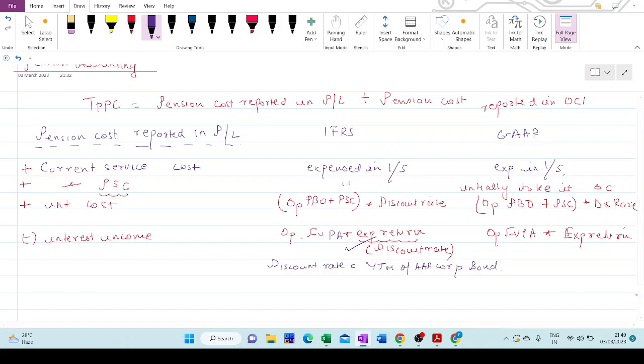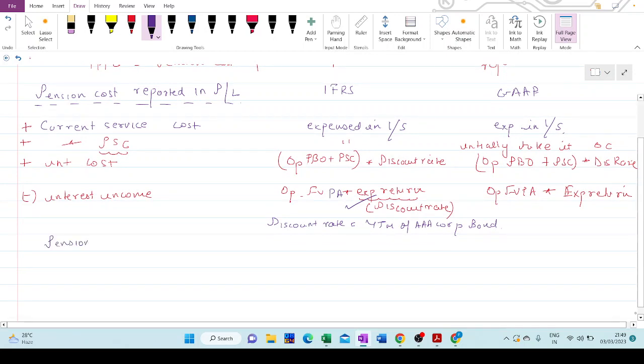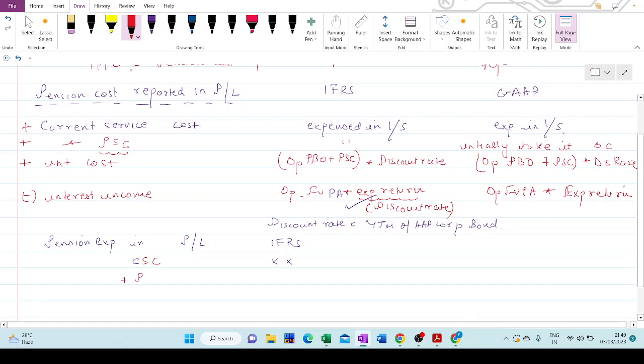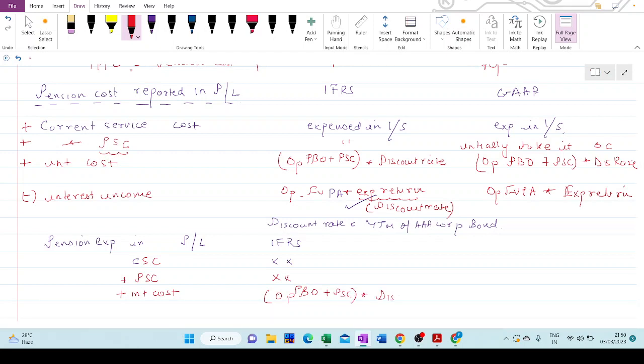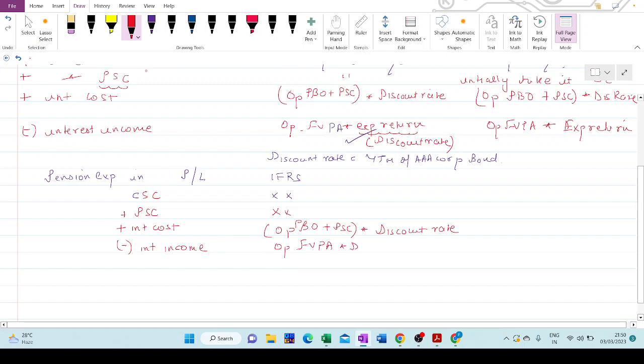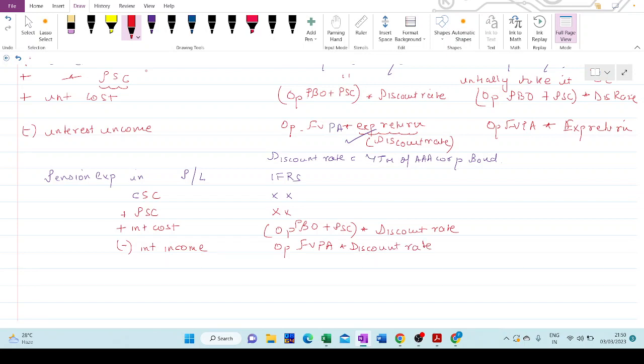So under IFRS, pension expense in P&L is current service costs plus past service costs plus interest cost, which is opening PBO plus past service costs into discount rate, minus interest income, which is opening FVPA into discount rate, because IFRS says that the discount rate is the expected return.